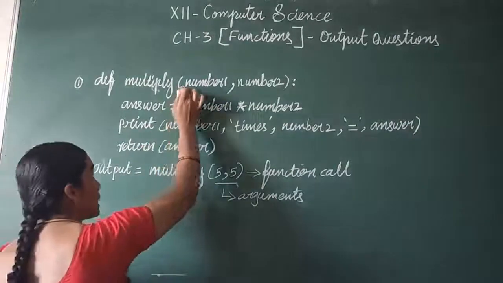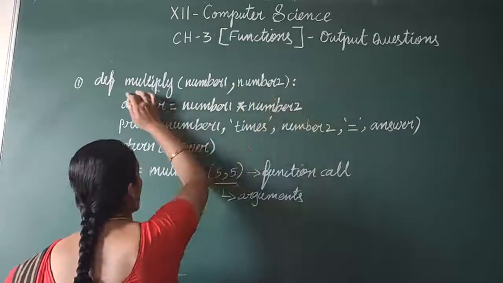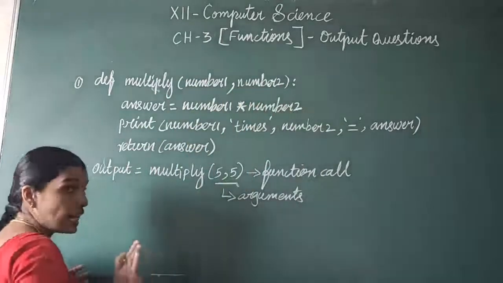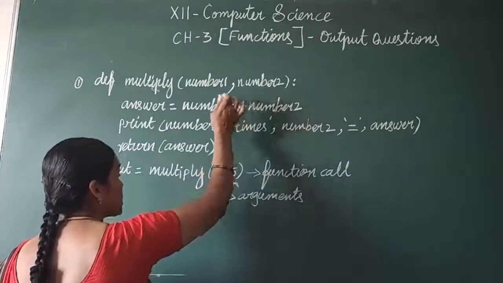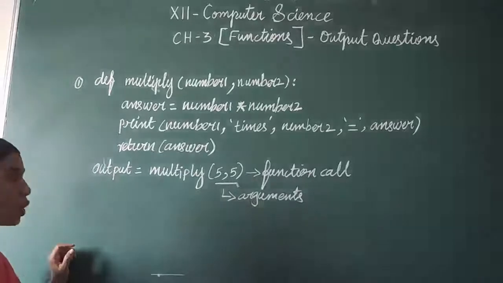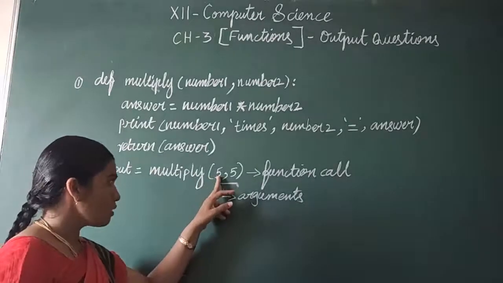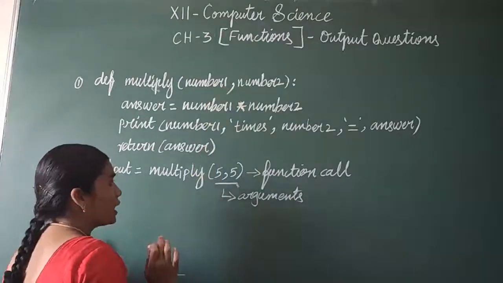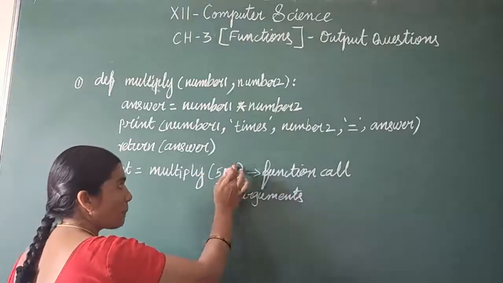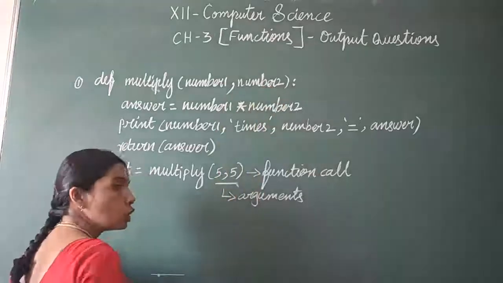Here inside the parenthesis of the function header, number 1 and number 2 are the parameters. The first 5 is passed to number 1, then the second 5 is passed to number 2.